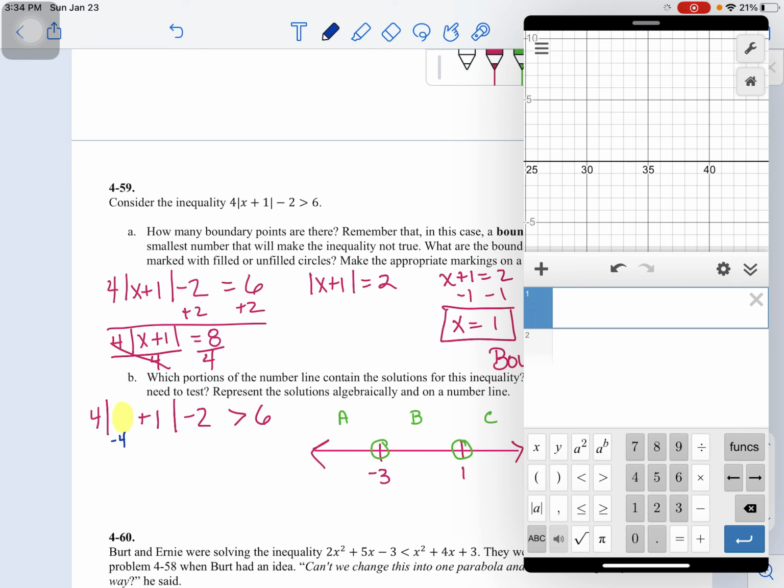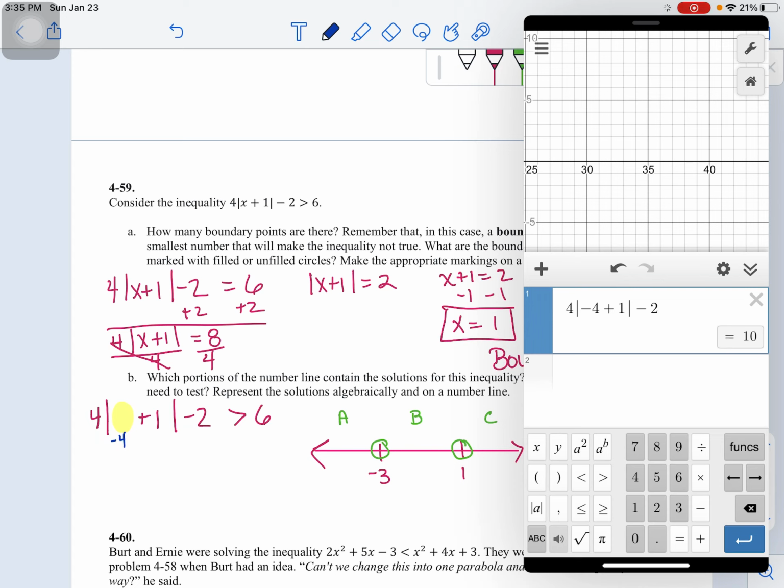To pull up an absolute value bar, you're going to hit Math, move over to the NUM at the top, and then the number 1 option is ABS, and it will pull up absolute value bars. So here I'm going to do 4 and then the absolute value of -4 plus 1, minus 2. And I want to know, is that greater than 6?